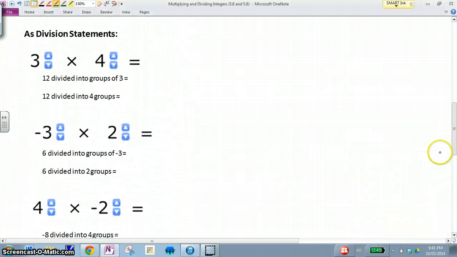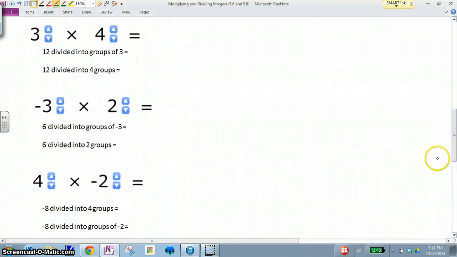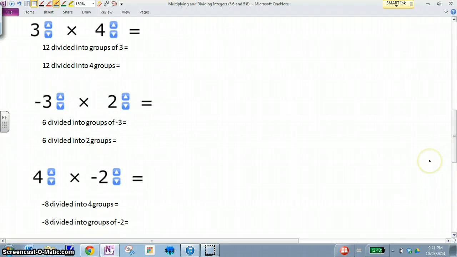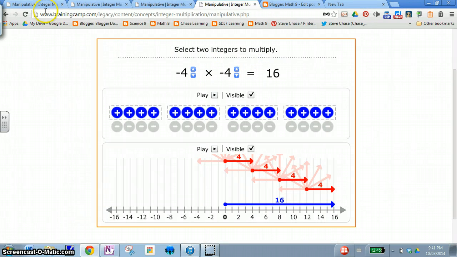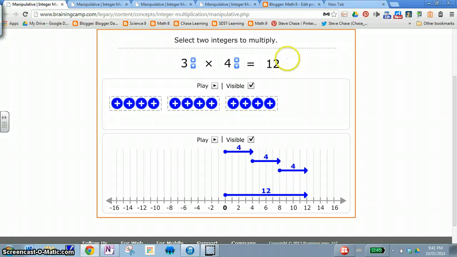Okay, so now as division statements, we can use those same pictures, but just picture the total, this 12 here, being divided into groups of 3. So 12 divided by 3, or we can picture it as 12 divided by 4. You can see how this 12 is broken up into groups of 4, or you can see how it's broken up into 3 groups.